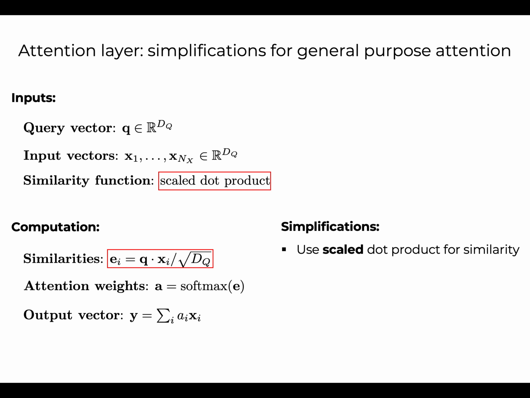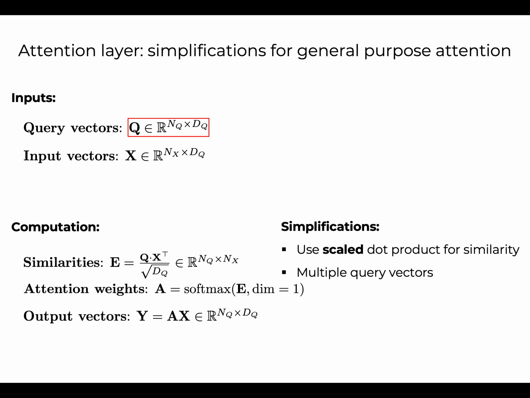Right, the next simplification, or maybe better called generalization, is to allow multiple query vectors.